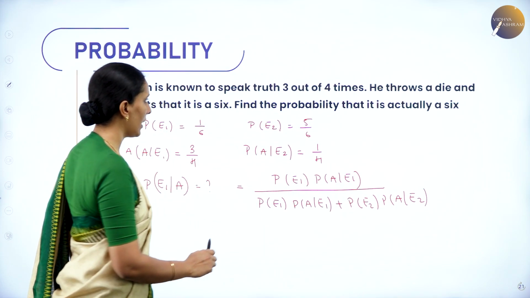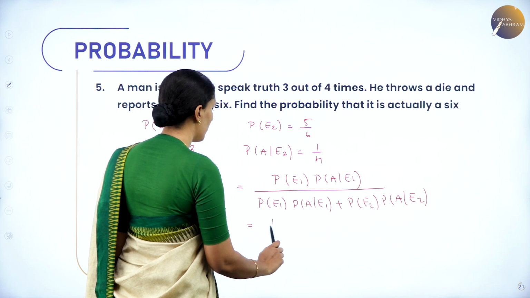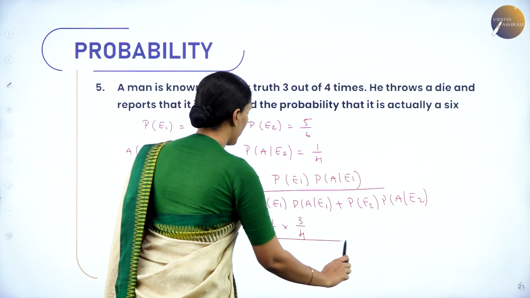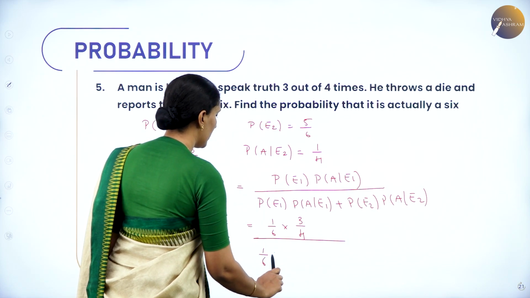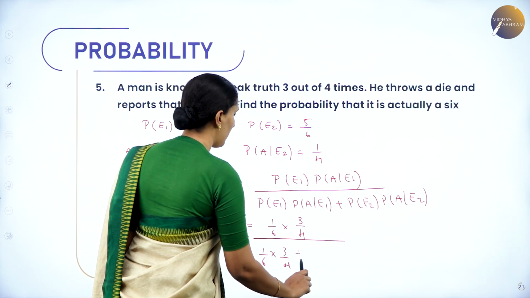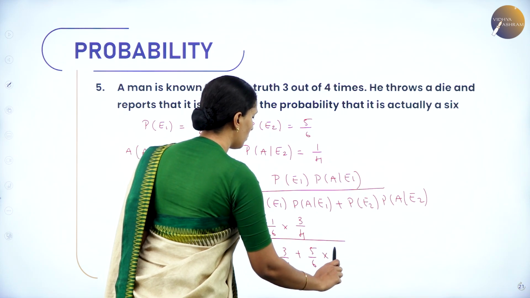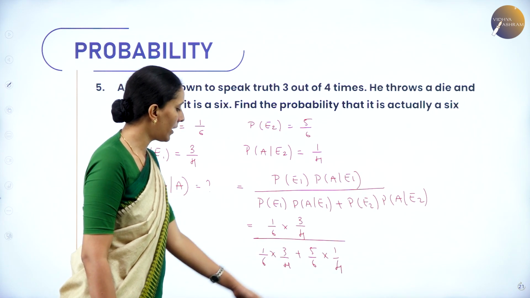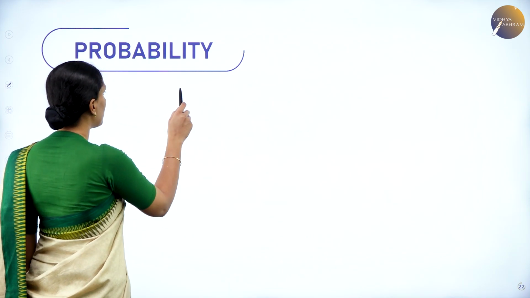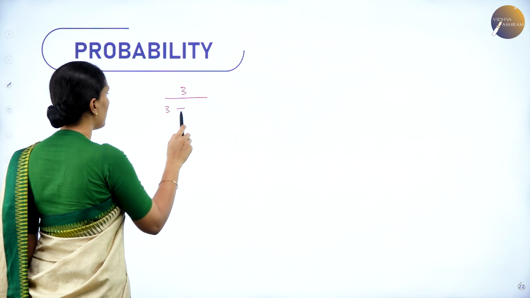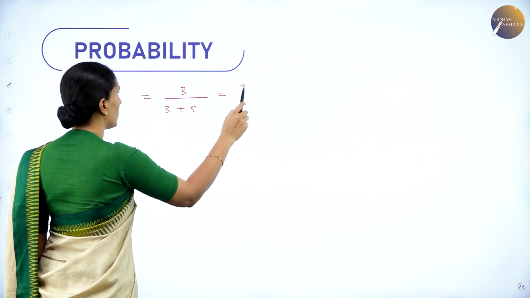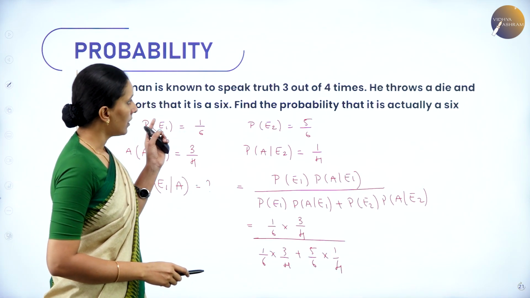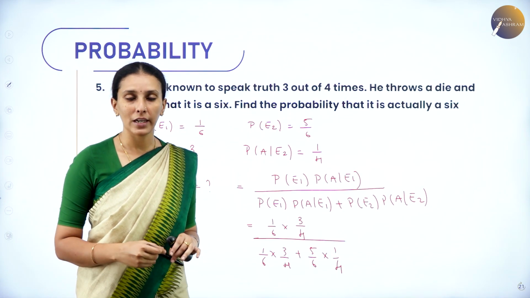That is (1/6 × 3/4) whole divided by (1/6 × 3/4 + 5/6 × 1/4). Clearly we can cancel 6 and 4 in both numerator and denominator. Then we are left with 3 divided by 3 plus 5, which is equal to 3 by 8. So this is the probability that the man's report of a 6 is actually true.